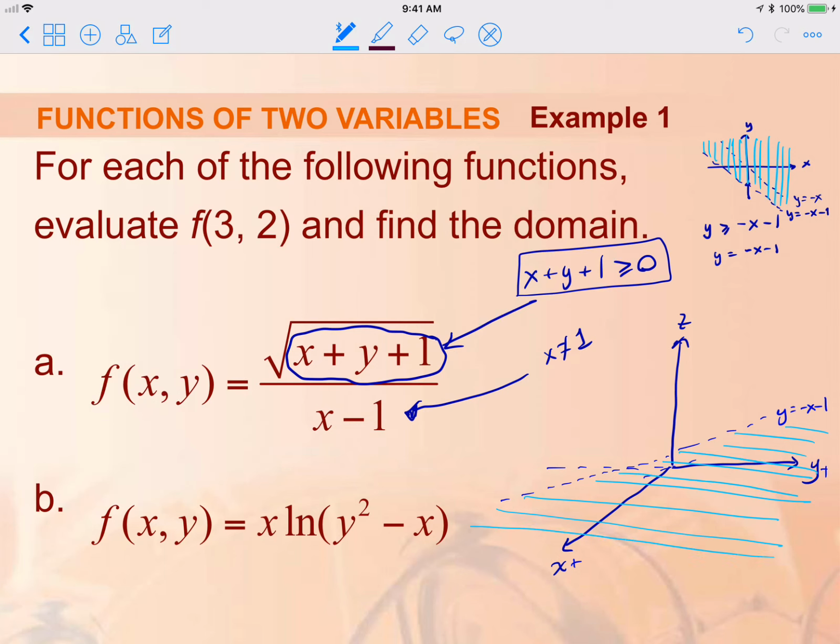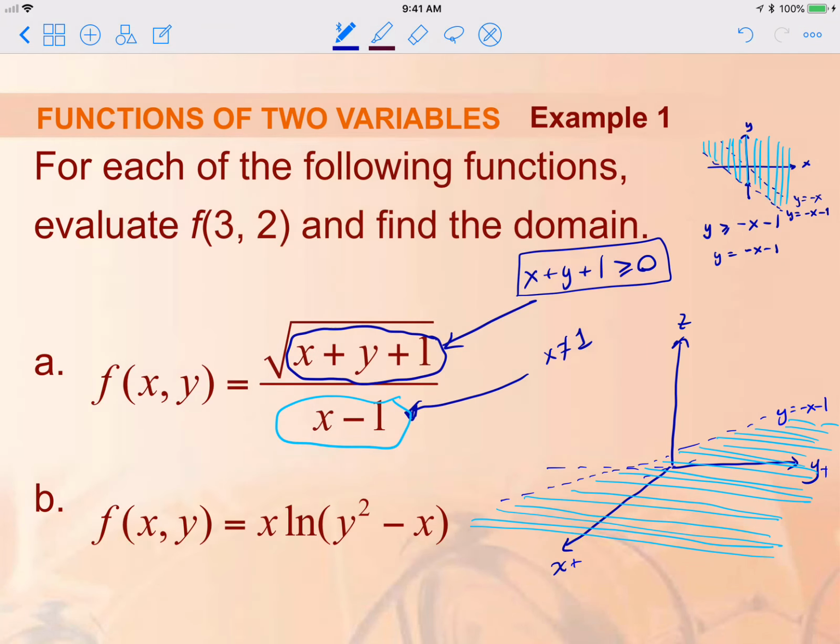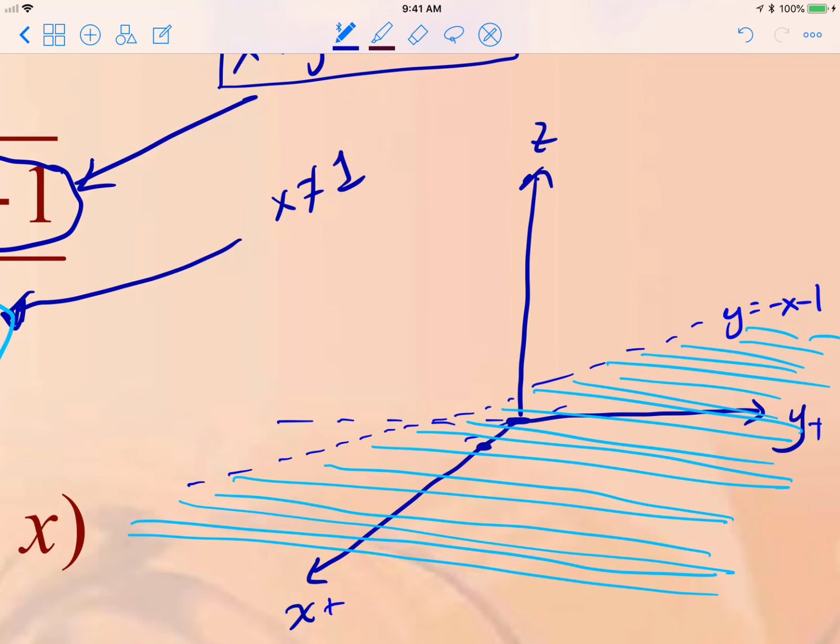right? But remember, we have to take into account the fact that we also have this condition right here, which is that x can't be equal to 1. So I go in and I eliminate. So this is 0, this is 1. X equals 1 is this plane, right?